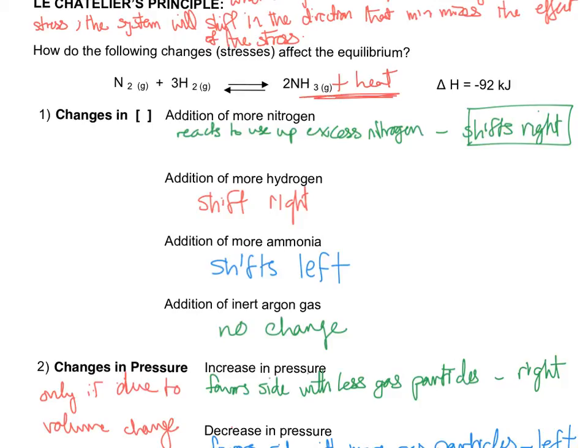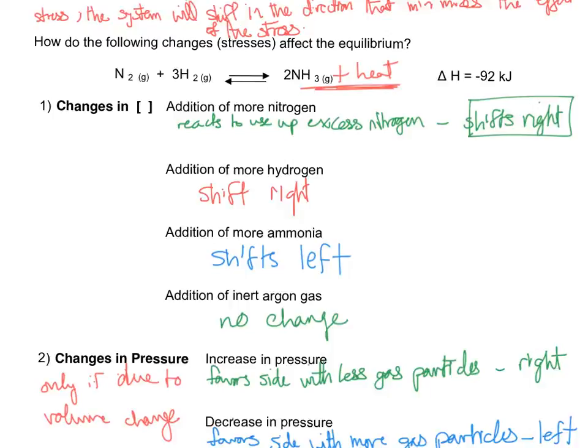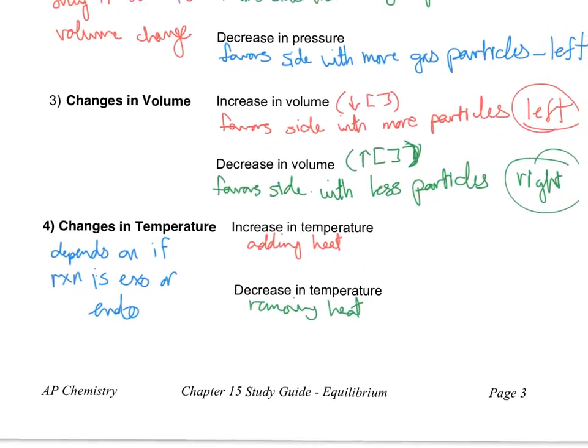So heat is a product, and so if you add heat, that means you're adding a product. So to get rid of that product, you're going to shift to the left. If you are removing heat, then you're removing a product, so to make up for that, it's going to shift to the right.